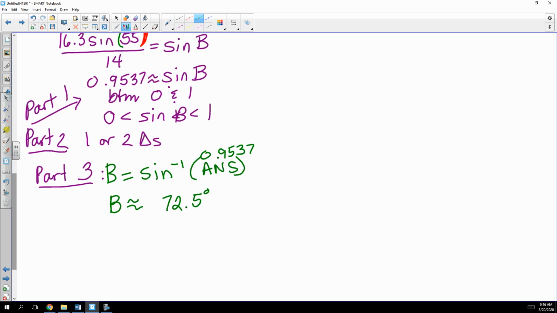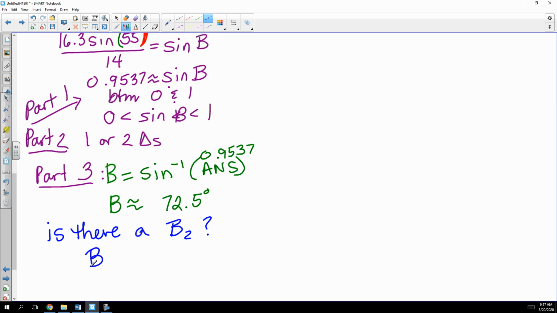Now you're trying to figure out if there are actually 2 triangles. If there are 2 triangles, then when you find B sub 2 and add it to angle A, it should still be less than 180 degrees, okay? That's the kind of tricky part. Now you're trying to determine, is there a B sub 2? That's really what we're trying to figure out.